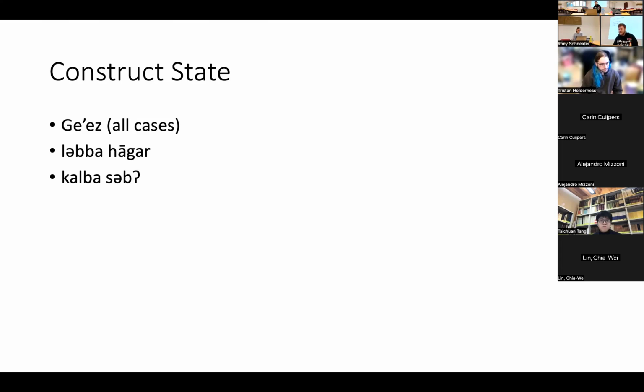Even if it's a subject or a genitive, it gets the accusative suffix, or the man's dog, kalba sab, and so on. The fact that there is no genitive case is not very surprising, because these short e and u vowels were lost in many environments in Ge'ez. But the fact that this a is added, or that any noun would inflect as accusative when it's in the construct state, that's weird. Any question?